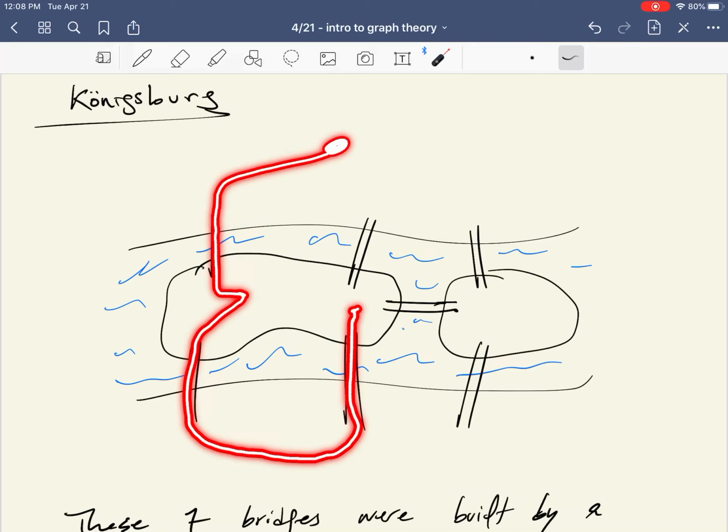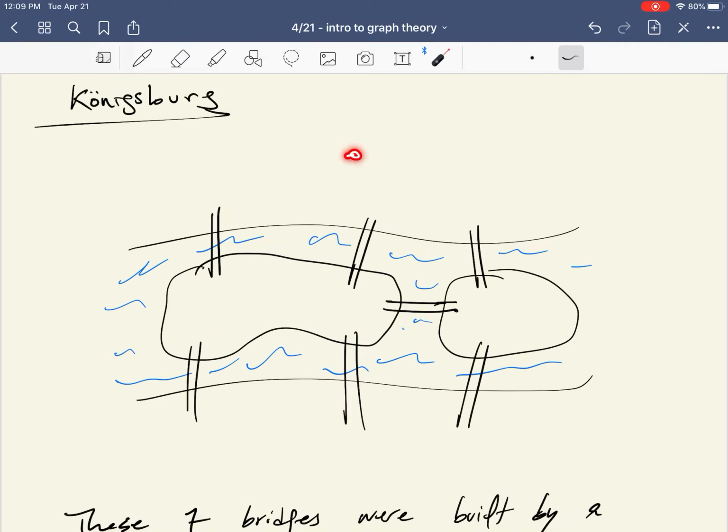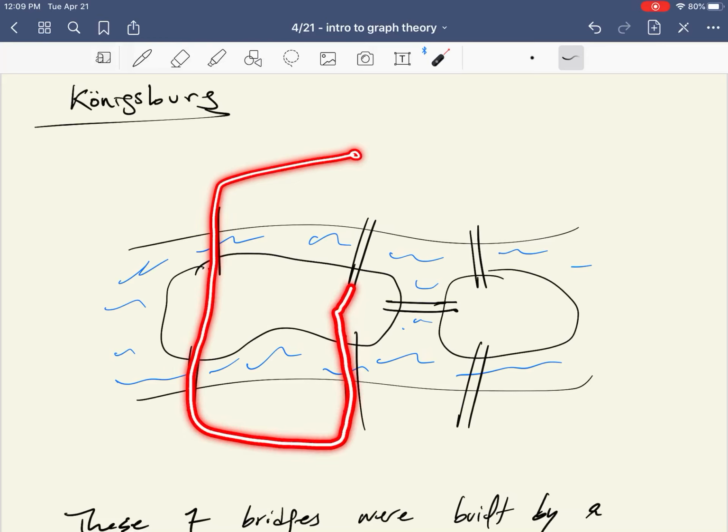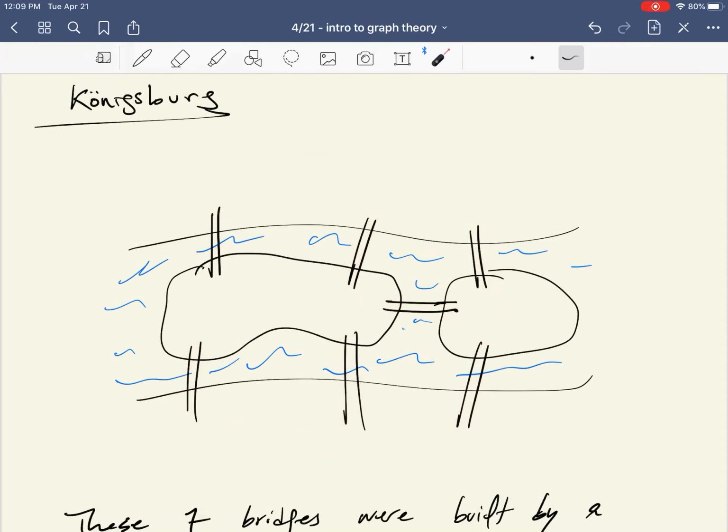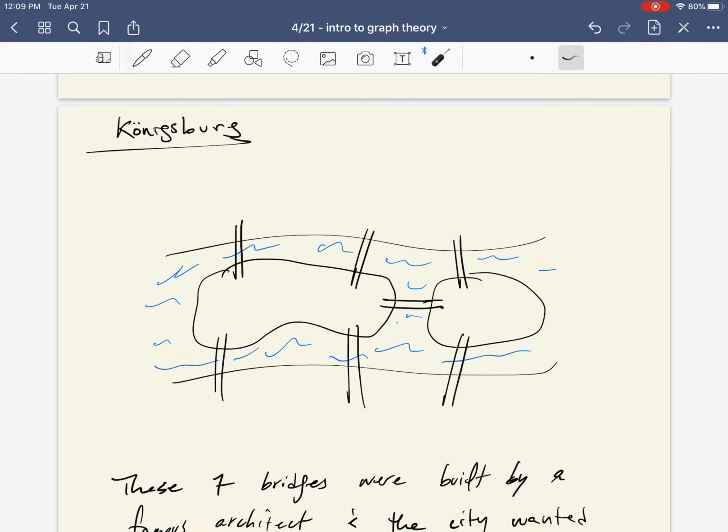Maybe we'll take the bridge that connects us to the other island, and then we can take this bridge. Oh, but now we're stuck down here. So maybe that's not a good one. Instead, let's do the same thing where we came down there and up there. Maybe now we take this bridge up here, and then this one, and then if we take this one, now we're stuck, and if we take this one, now we're stuck.